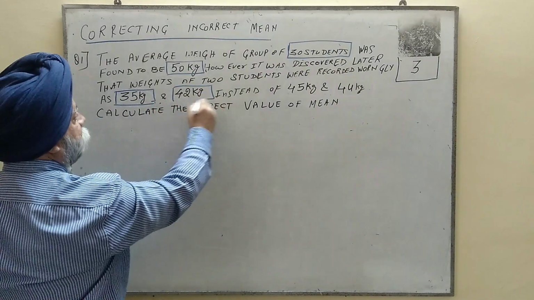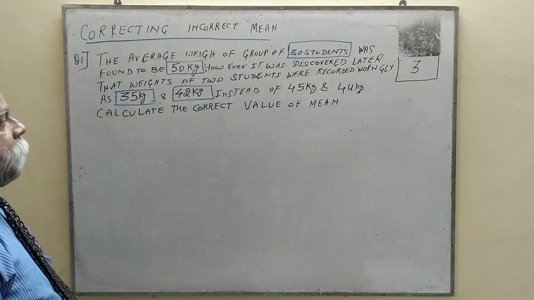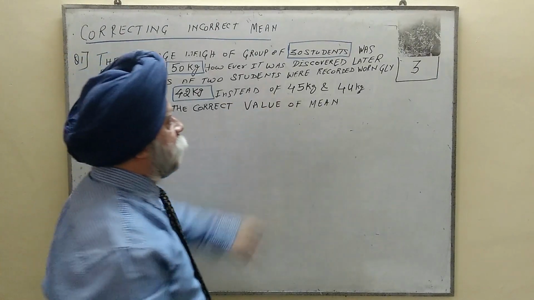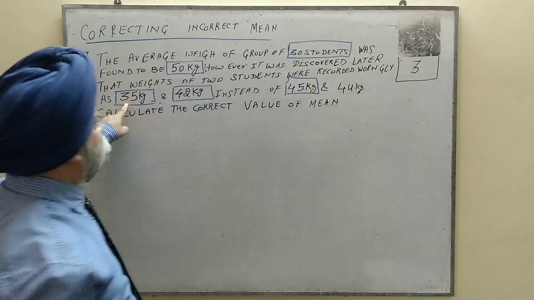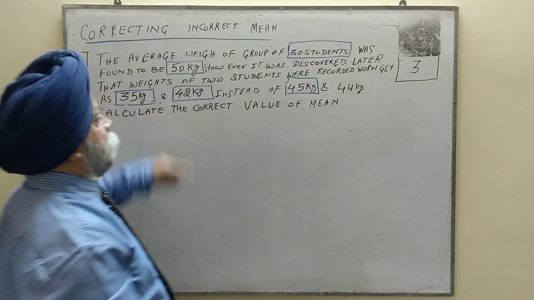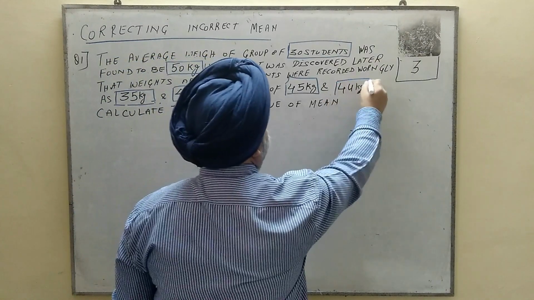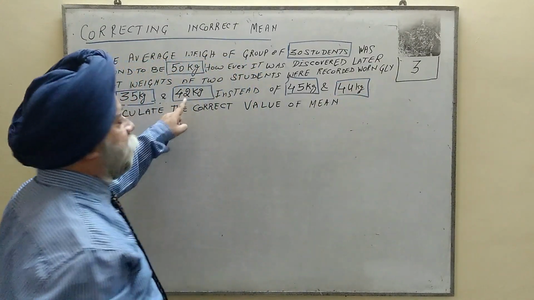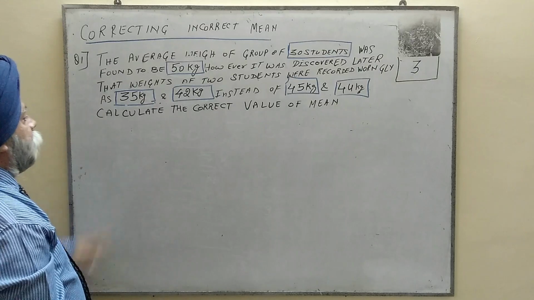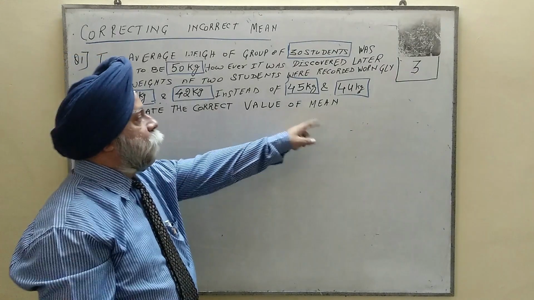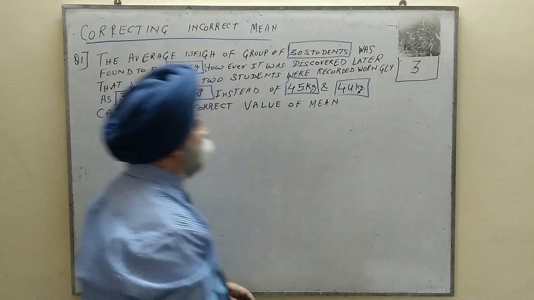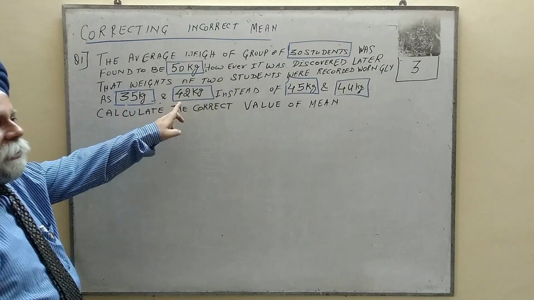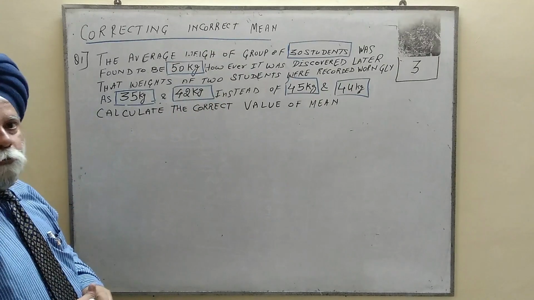These are the incorrect values: the student's weight was 45 and we counted it as 35, and the other student's weight was 44, we counted it as 42. Calculate the correct value of the mean. How do we correct it? We just have to subtract the incorrect values and add the correct values.